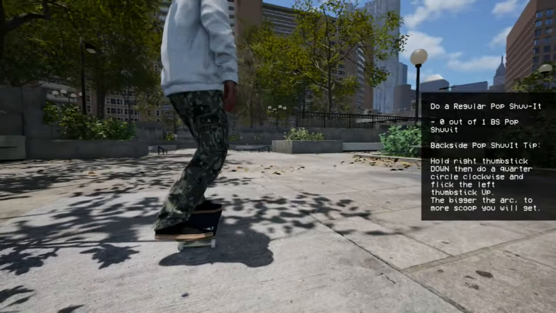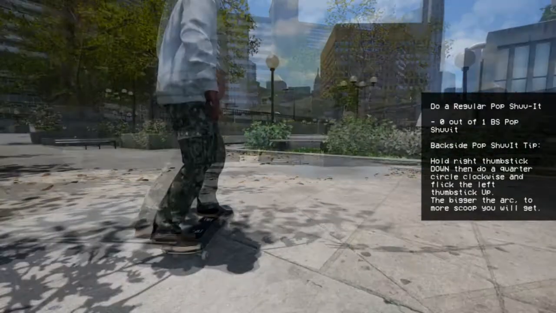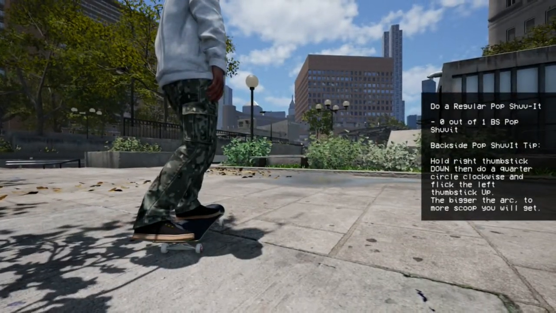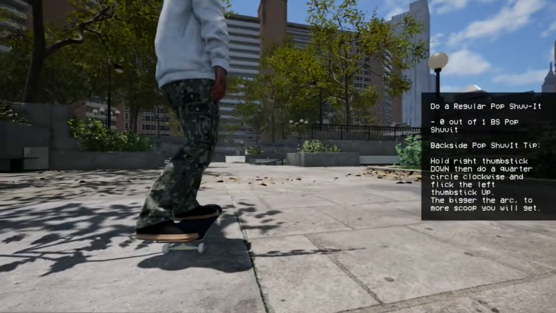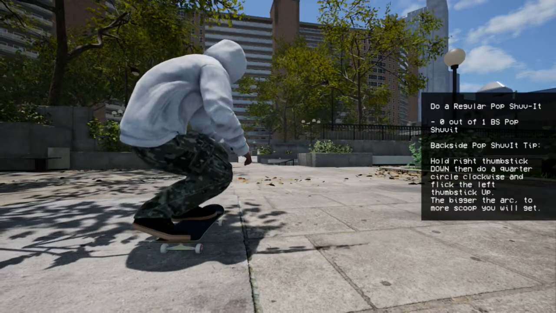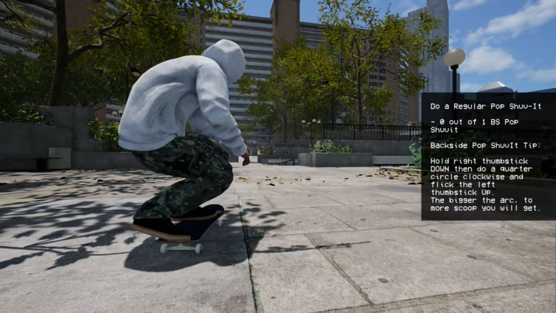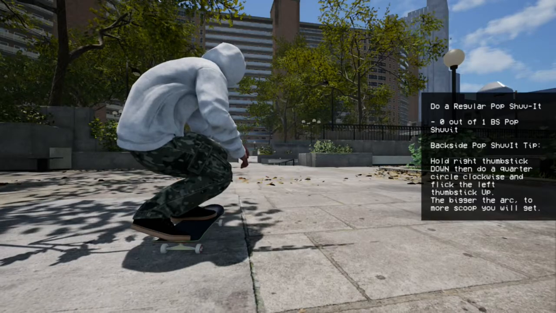Okay. Jeez. This is a little more complicated than Skater XL. I will say that. At this point, it has become a little complicated. Okay. Right stick down, do a quarter circle clockwise, flick the left stick up.